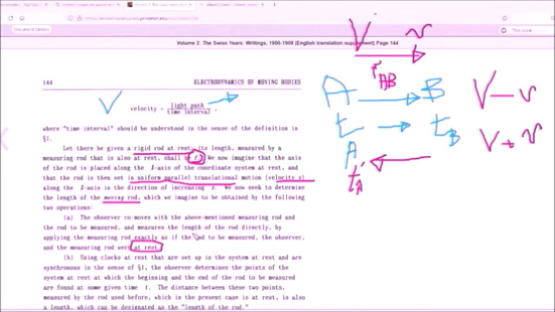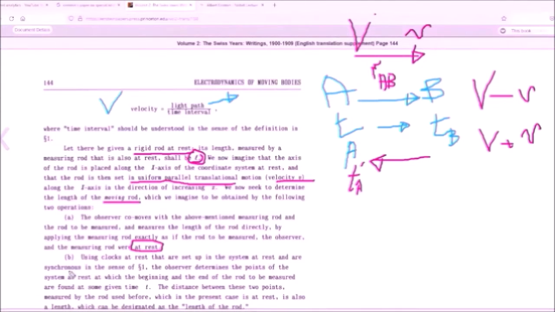That observer is measuring the distance using the clocks at rest that are set up in the system at rest, that is, with the person at rest on the rod, and are synchronous in the sense of A. Section A is what we have just mentioned before. The observer determines the points of the system at rest at which the beginning and the end of the rod to be measured are found at some given time t.